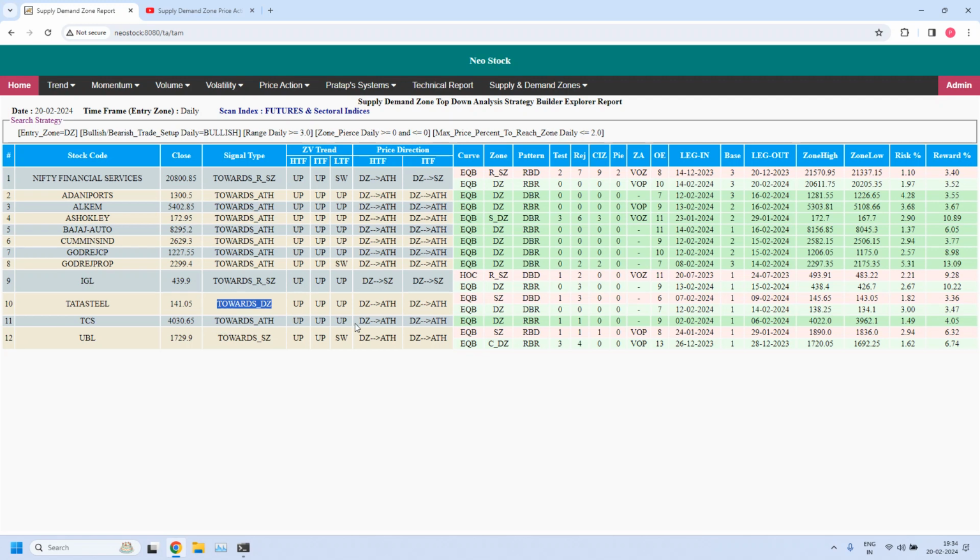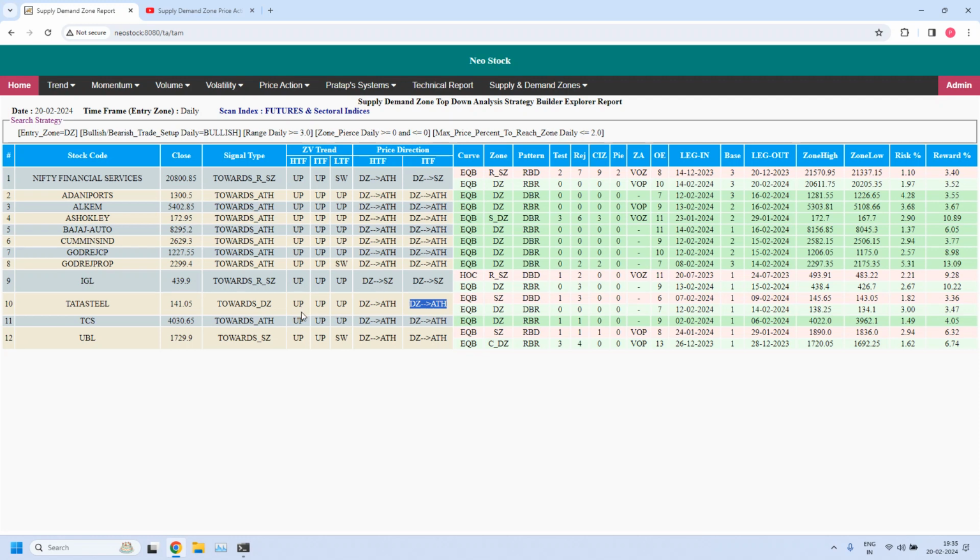So there are higher chances that we get an entry. And it is at the equilibrium currently, the curve shows. And our monthly price direction is demand zone to all-time high. And even your weekly is also demand zone to all-time high price direction.